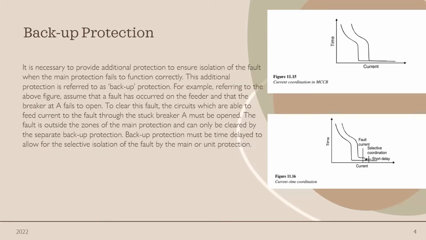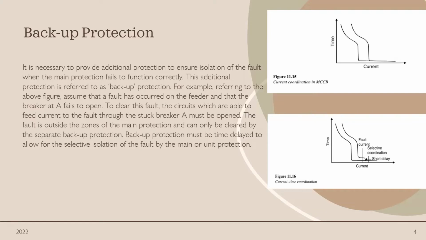Backup protection. It is necessary to provide additional protection to ensure isolation of the fault when the main protection fails to function correctly. This additional protection is referred to as backup protection. For example, referring to the above figure, assume that a fault has occurred on the feeder and that the breaker at A fails to open.